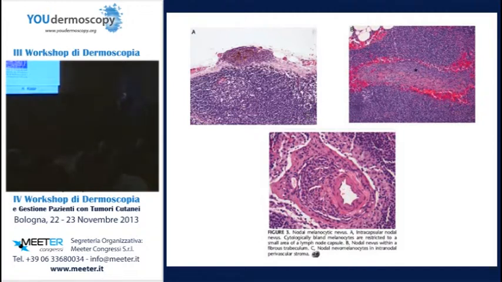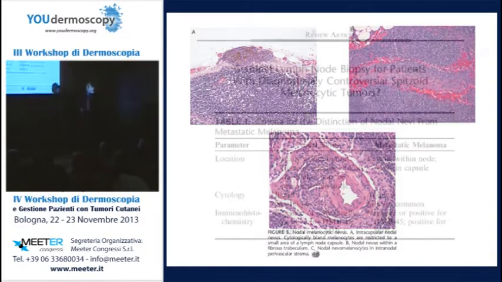This is a nodal melanocytic nevus, and these are not so rare. You can see here a nodal nevus within a fibrous trabeculum. You can see here melanocytes in a lymph node that is just a nevus, not a melanoma. And you can see here even melanocytes in the stroma of a lymph node, although it's just a nevus. It's not a melanoma. So there may be melanocytes in a lymph node, although it's not metastatic disease.